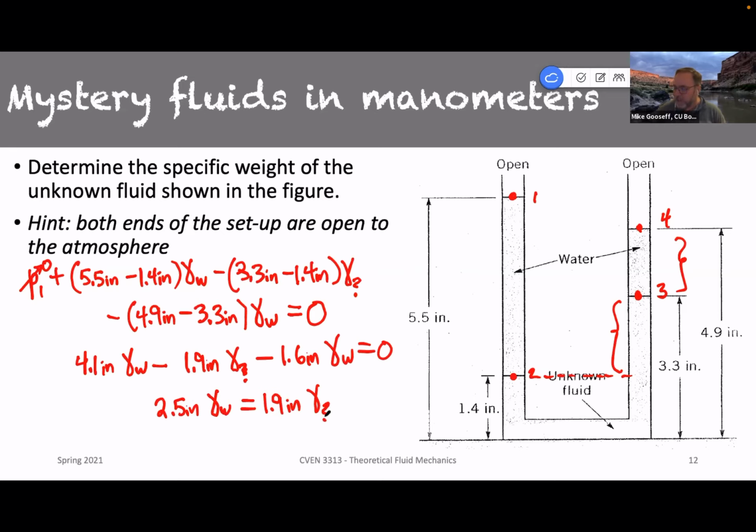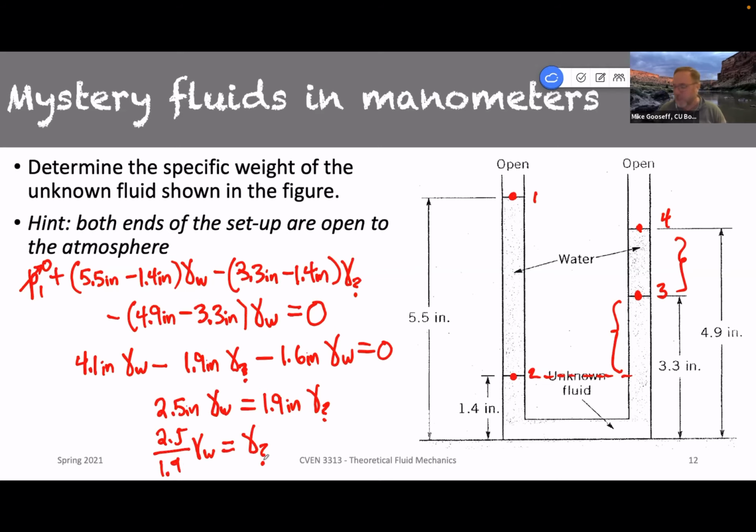And then we can take this one step further and simply say 2.5 divided by 1.9 times gamma W is equal to gamma question mark. I lost my inches there, but the units will cancel.